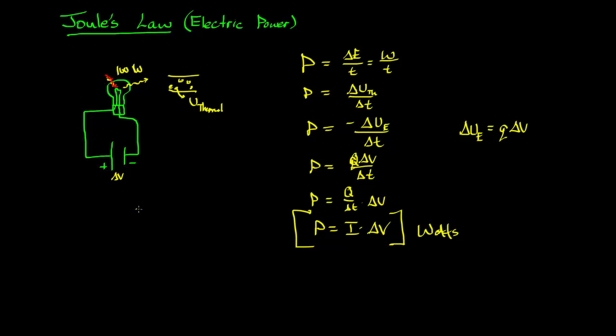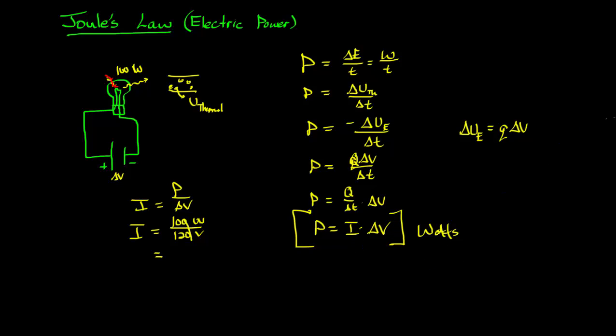If I rearrange that, I get current is going to be power over potential difference. So the current across just a 100 watt light bulb in your house would be 100 watts divided by 120 volts. You can see it's less than 1.